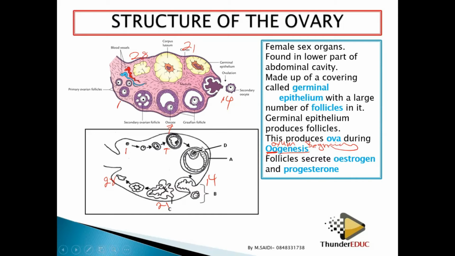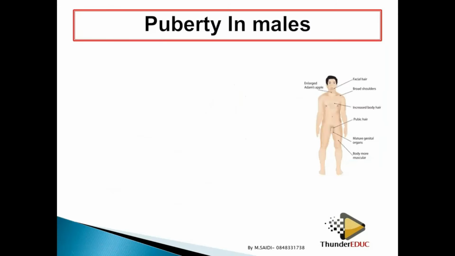So the hormone from structure A is going to be estrogen, and the hormone from structure C is going to be progesterone. You have to know those two differences: estrogen is produced by the Graafian follicle, while progesterone is produced by the corpus luteum.